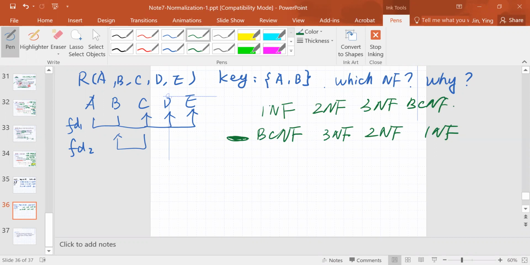First normal form is easy, but when you move to second, there are a lot of steps. But BCNF is easy, third normal form is easy. So that's why I suggest this, and I will handle this question this way.